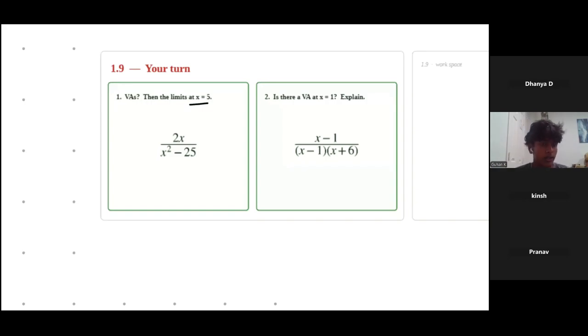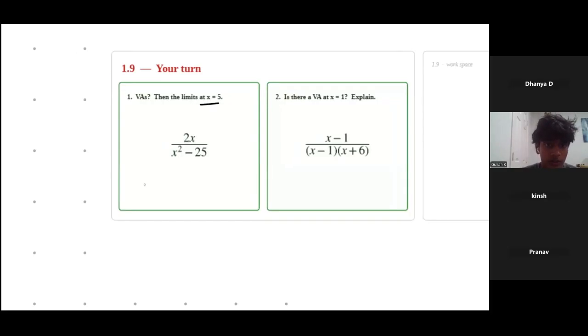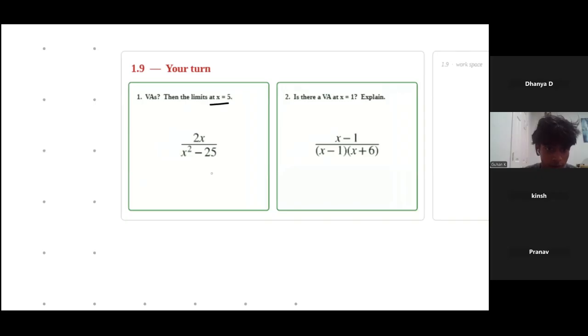All right, I'm going to go ahead and solve these two questions in 3, 2, 1. So first, vertical asymptote. The first thing we always do is factor. So 2x over x plus 5 and x minus 5.